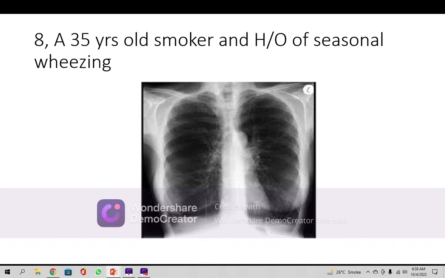The other X-ray shown here is of a 35-year-old smoker with a history of seasonal wheezing. He is an old seasonal asthmatic and an old smoker. Now the positive findings in his X-ray are in the lungs. She is a female, and the lower border of the breast shadows is visible.